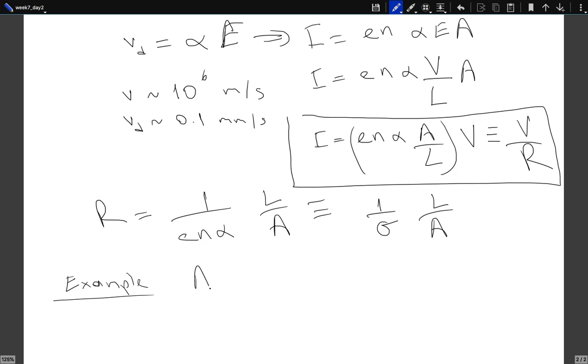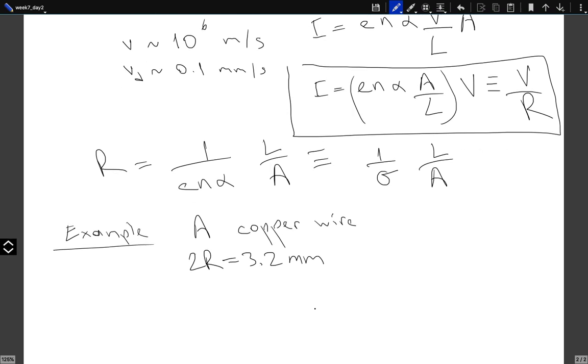We have a copper wire with a diameter of 3.2 millimeters, and it carries a current of 5 amperes. So the question is, what is the drift velocity?